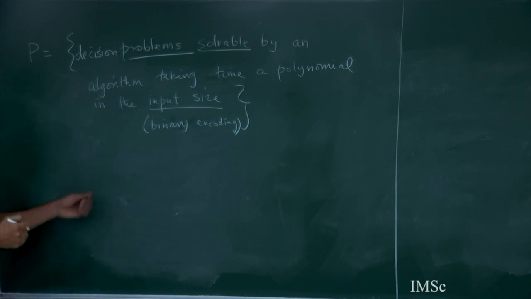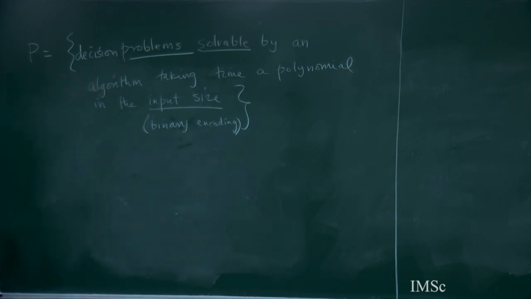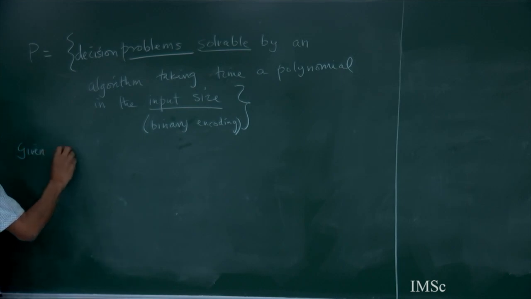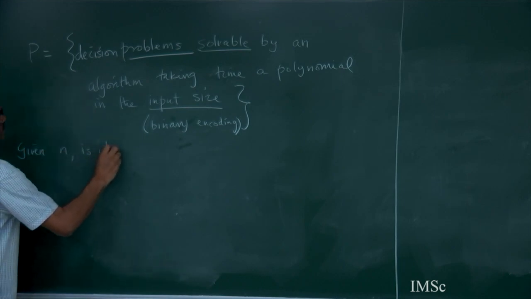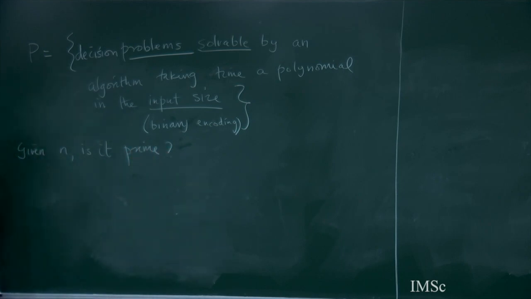Right. So, let me just, I don't know whether you went through this binary encoding business. So, for example, look at the following problem: given n, is it prime? Right. So, what would be a naive algorithm to test this?